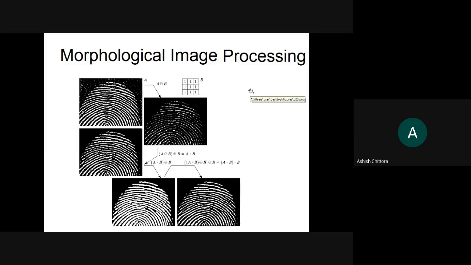Morphological processing we will also use for segmentation, where we want to segment the foreground and background. Suppose we talk about face recognition, and we want to segment the face area in the image. Then we have to apply segmentation.